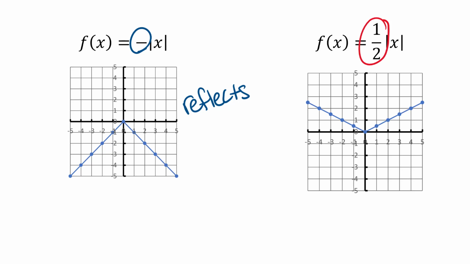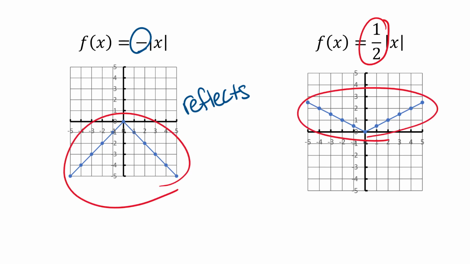It makes it short and fat, right? If we're thinking of it in terms of slope, it's a shallow hill, right? And you'll notice that this graph is definitely more short and chunky than the graph before it. So that's really what each part of the equation does to our graph.